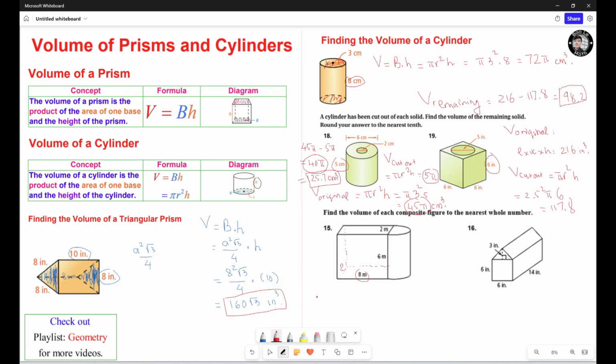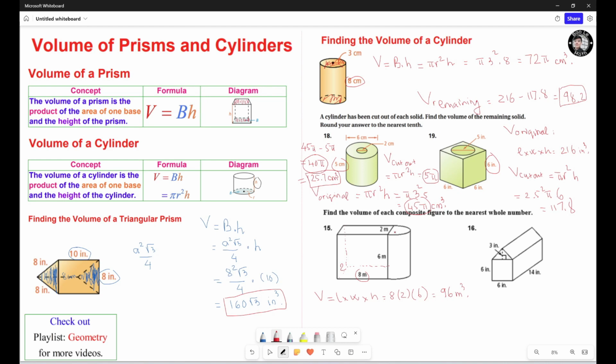So the volume of the rectangular prism is length times width times height, equal 8 times 2 times 6. So it should be 96 cubic meters.